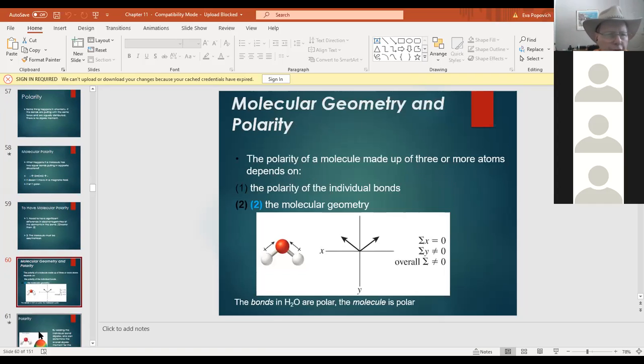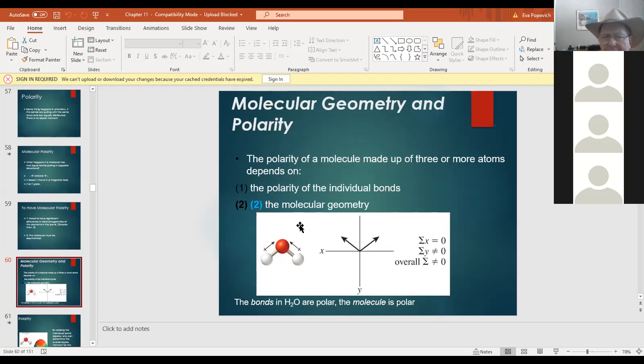So when you're determining molecular geometry and polarity, if we have something like water, water has a bent shape. The electrons congregate mostly on the oxygen and less on the hydrogens.